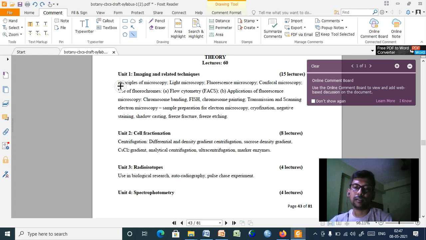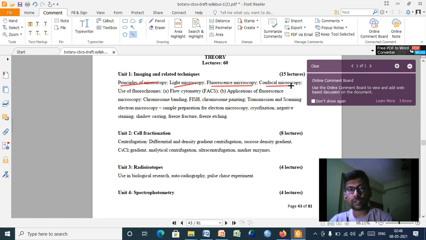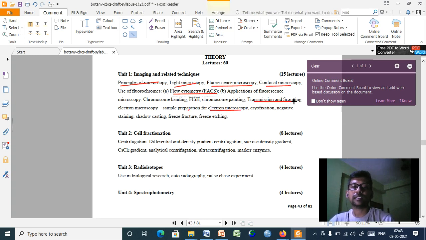Firstly, we will discuss the principles of microscopy, then the light microscope, confocal microscope, the flow cytometry related technique or FACS, that is the fluorescence activated cell sorter, basics of electron microscopy, transmission and scanning electron microscopy.